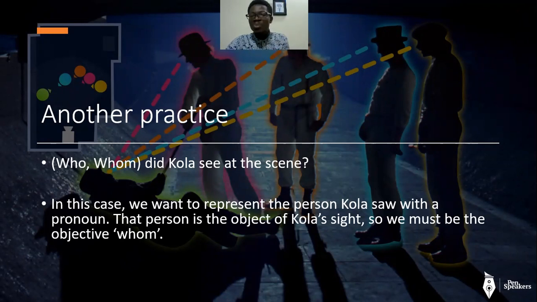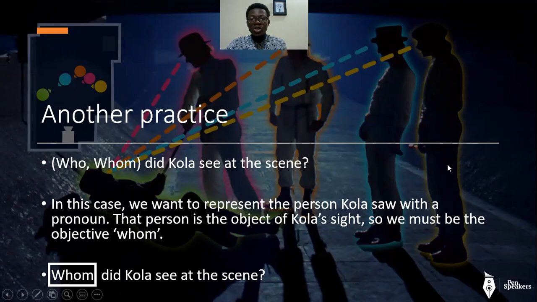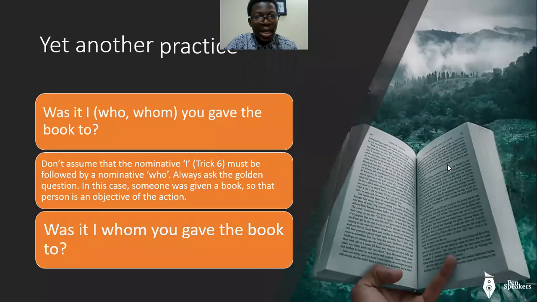Now, these people did not perform the action. Rather, caller is the one who's performing the action, see. All right, so we are looking to represent the object this time of caller's sight. So the answer is what? Whom did caller see at the scene? All right, so that gives you a better idea of what to do.